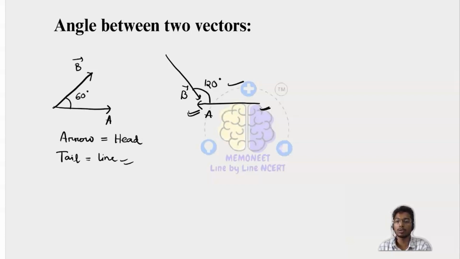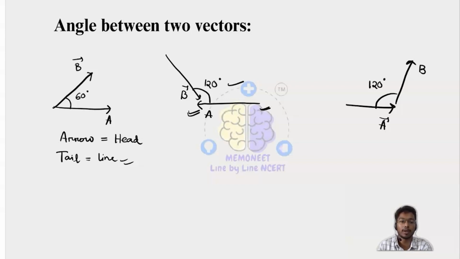So let's say when we are having one vector here, it is a vector and it is connected with the tail of another vector, b vector, and here it has an angle of 120 degree between them. So how can we find out the angle between the vectors? Just take one of the vectors and join it either head to head or tail to tail.